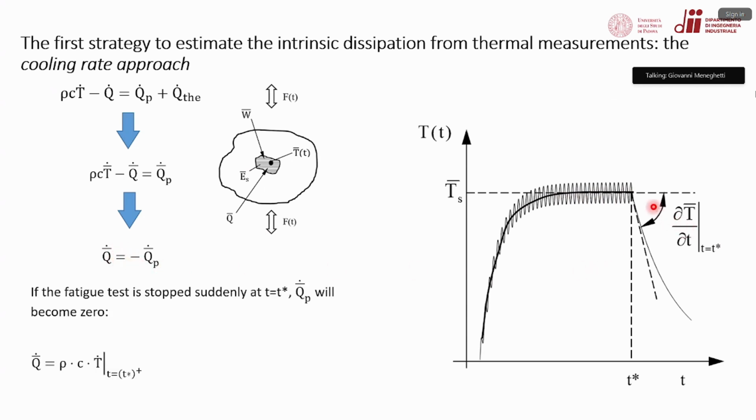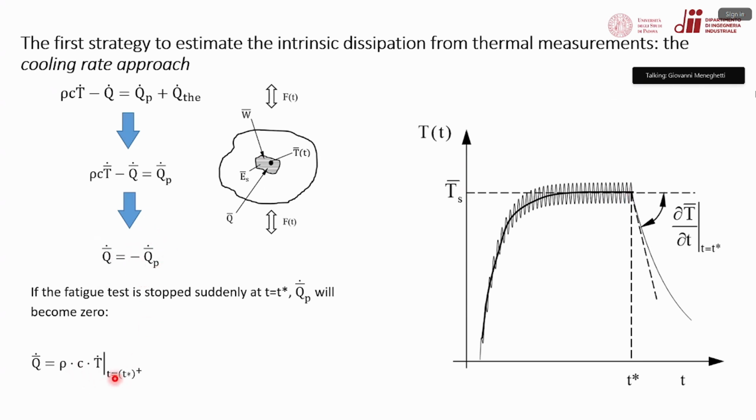Now, if you suppose to suddenly stop the test at this time, T star, and you measure the cooling rate after the sudden test stop, you can see that since the thermal field is continuous through the time T star, the cooling gradient is proportional to the heat dissipated before the test was stopped, but the energy dissipated before the test was stopped is equal to the intrinsic dissipation.